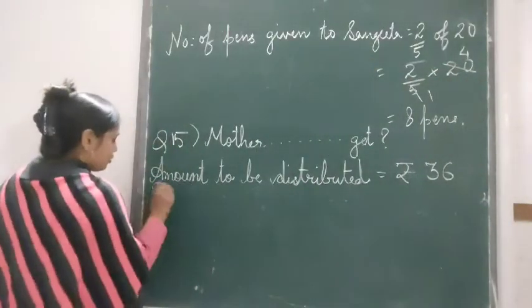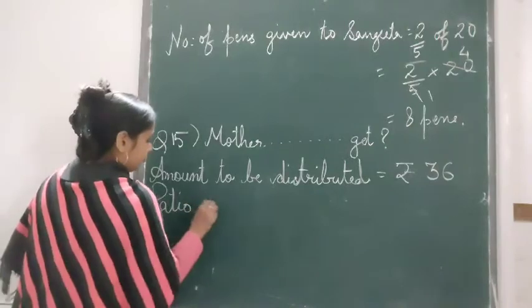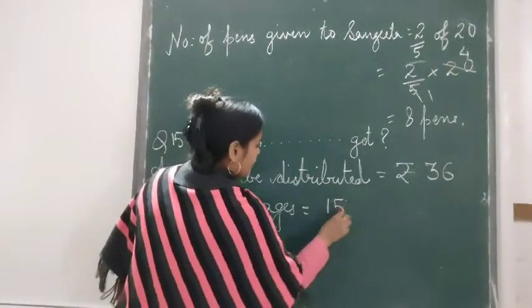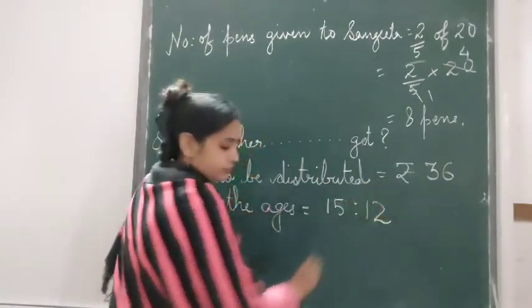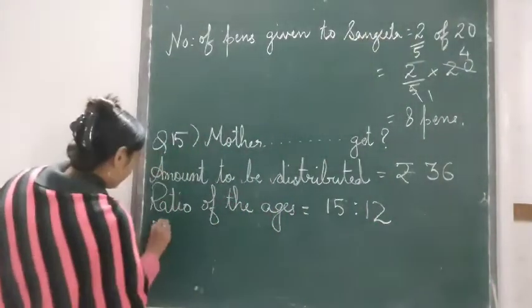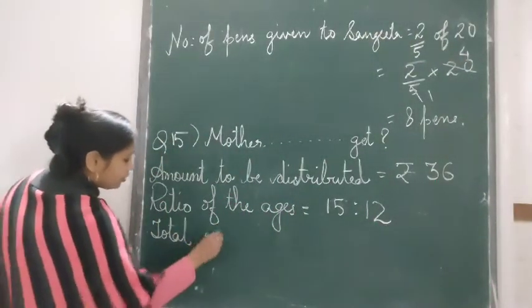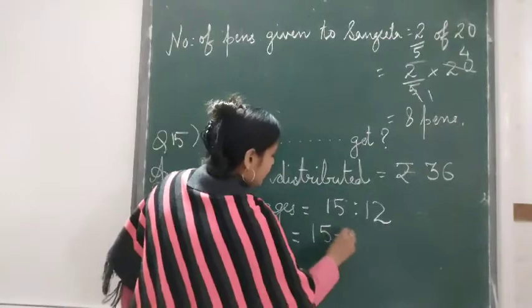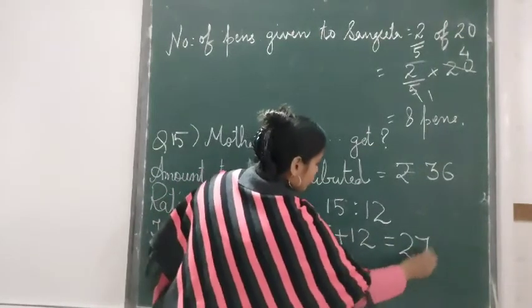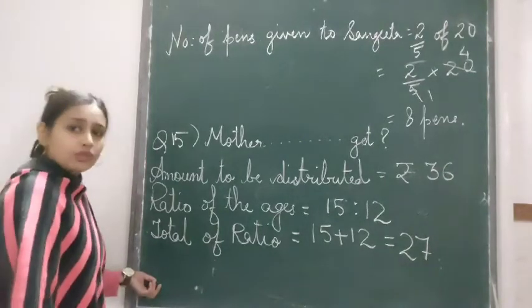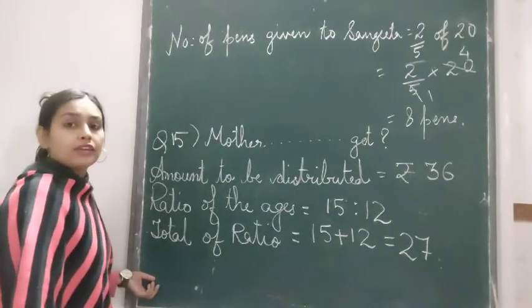Then the ratio of the ages: 15:12. Let me check once. 15 years and 12 years. Yes, 15 is to 12. Total of ratio, which is equal to 15 plus 12, which is equal to 27. Now what we have to find? Money given to Shreya and money given to Bhumika.